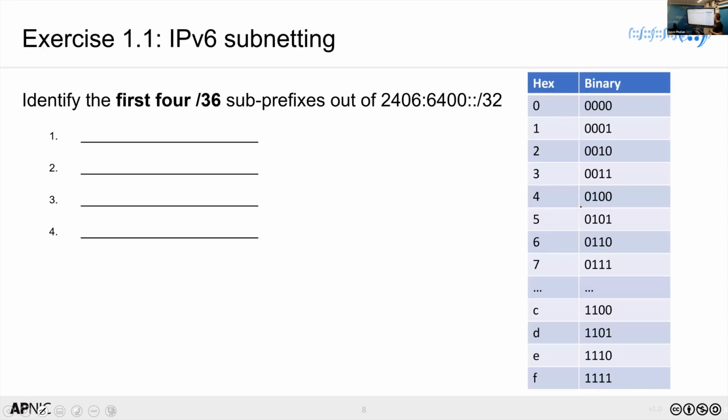So we'll go through this one all together. I want the first 4 /36s out of this address block. So what do I know? That's my /32 boundary. So let's write this out. 2406:6400. And we'll break it out to the /48. So there's my /36, /40, /44, /48.